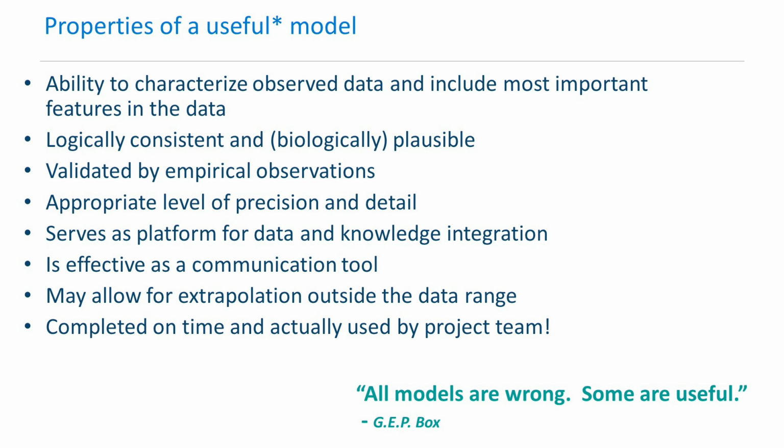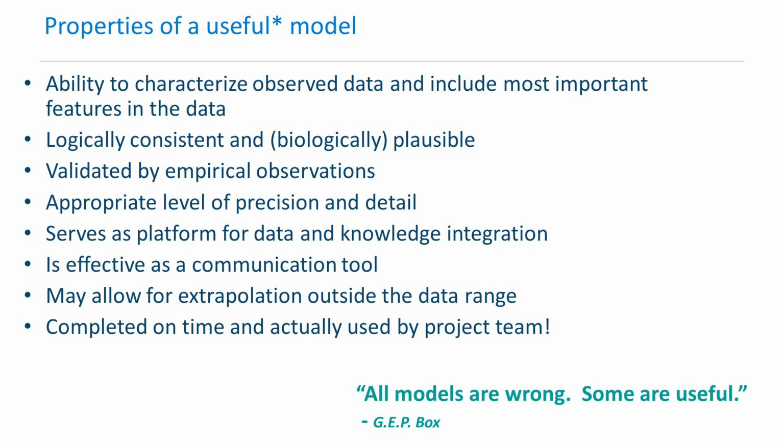Now you'll notice that in the title it says properties of a useful model, and I put a star there. You may hear modelers use this quote, all models are wrong, some are useful. There's a lot of baggage behind this particular quote, and the problem is when people hear it and they don't fully understand what that means, what they hear is all models are wrong.